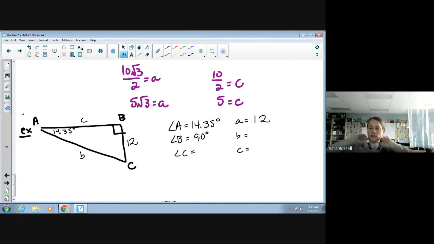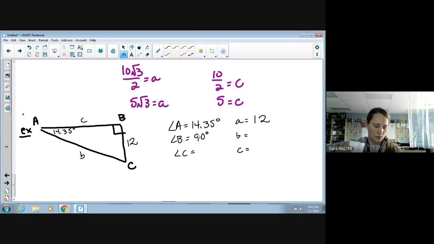Okay, so on this one, this is what we are given. And angle A is 14.35, angle B is 90, side A is 12. So to get angle C, we want to do that first, just so we'll have it on here.